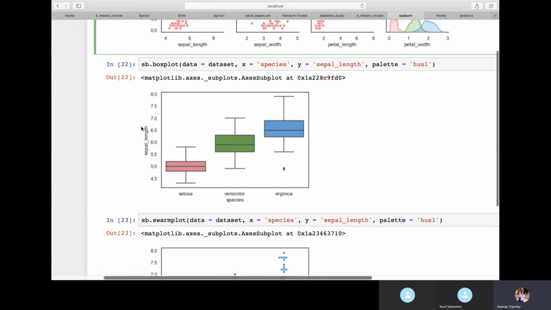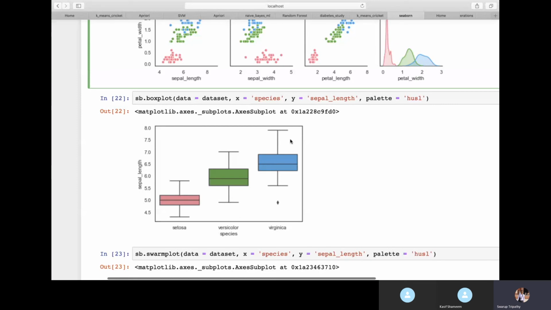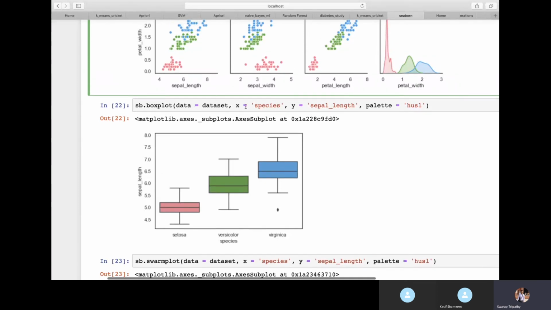When sepal length is small, it is a setosa flower. When it is around 5.5 to 6.5, it is a versicolor flower. And when sepal length is high, it is a virginica flower. This is how we can analyze by using a box plot. Any doubt on box plot?